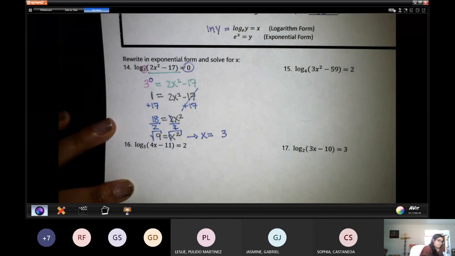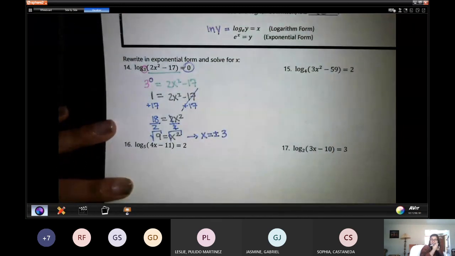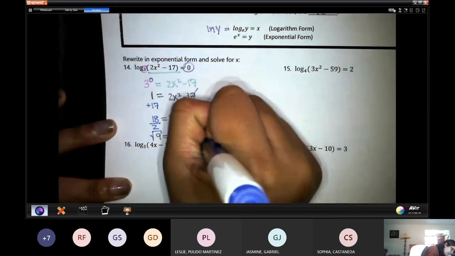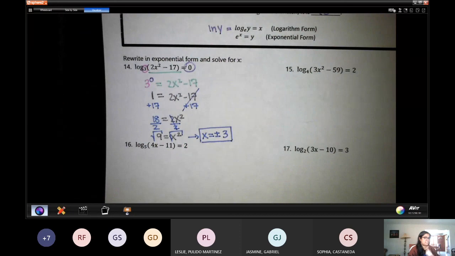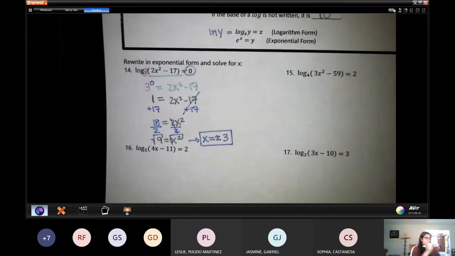Not just 3, but plus or minus 3. Good. So that would be our answer. And we don't have to check for extraneous solutions unless it tells you. So you don't have to plug these in. We're done, because it didn't say anything about checking. It'll tell you if it wants you to.